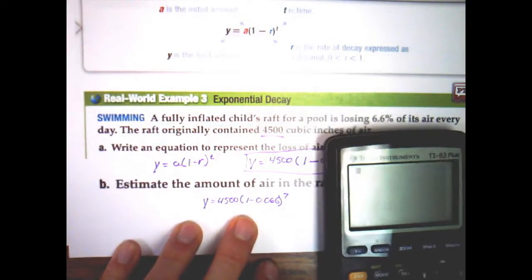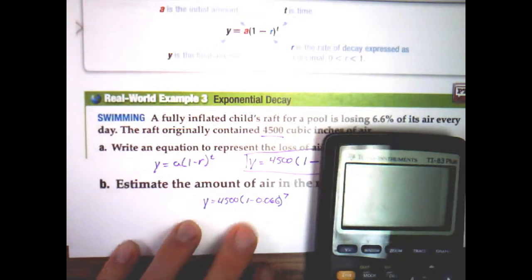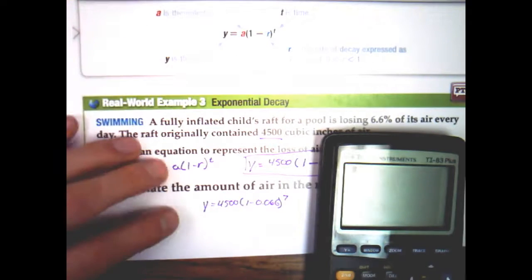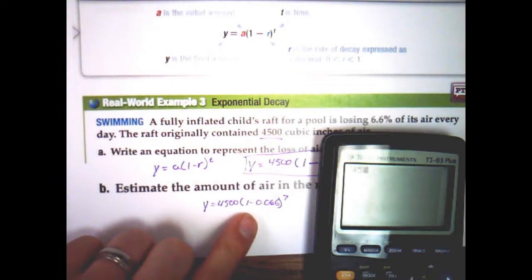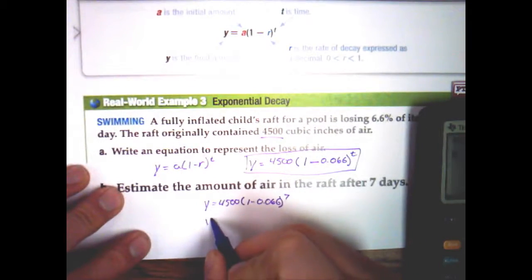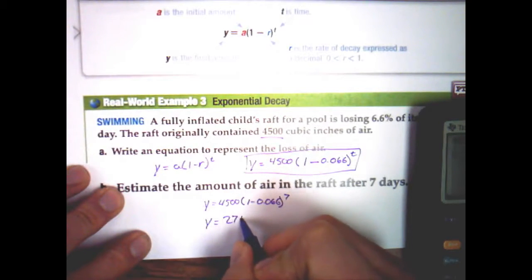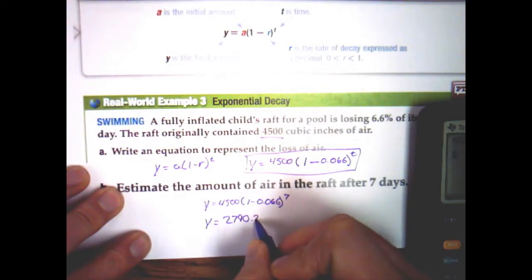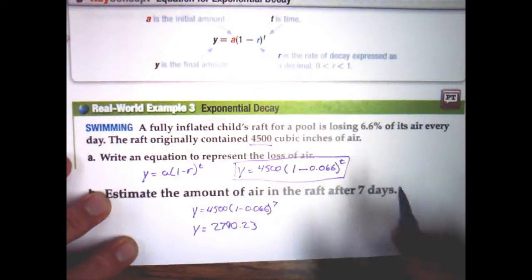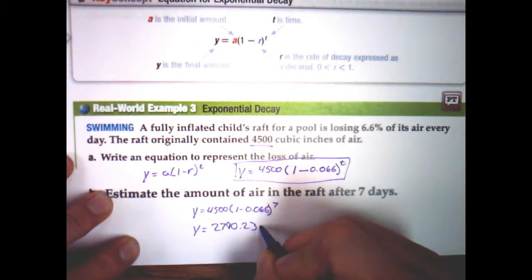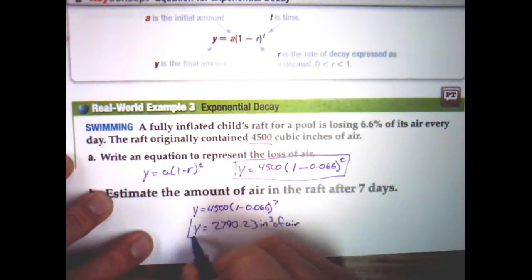If we want our most accurate answer, we can put the whole thing into our calculator. 4,500 times 1 minus 0.066, all raised to the 7th power. So y equals 2790.23, and remember our label, cubic inches of air. So that would be our estimate for how much is left.